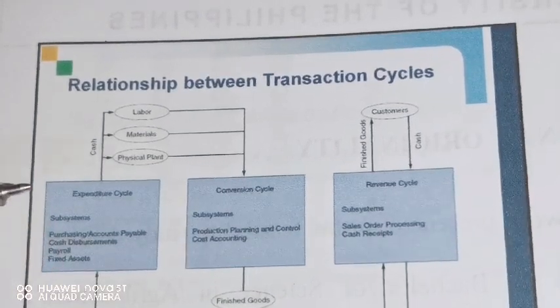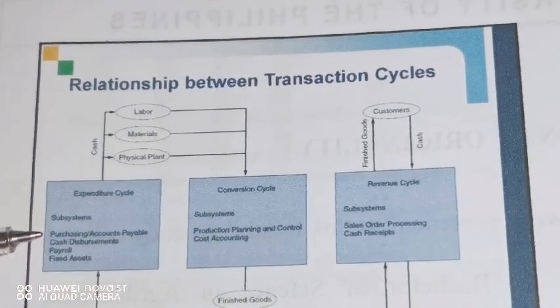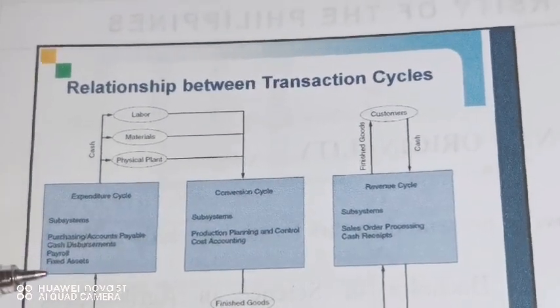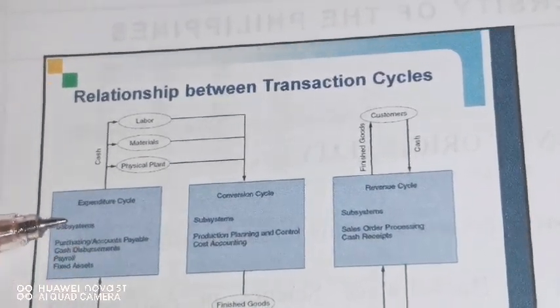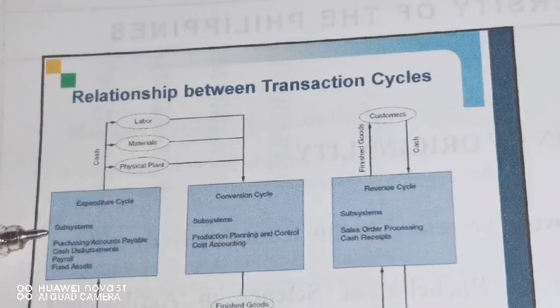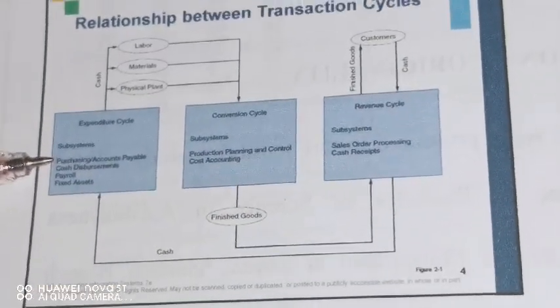Kasi nga, expenditure cycle is all about acquiring resources such as labor and then fixed asset. And then pag nag-acquire ka niyan, 'di ba, maglalabas ka ng pera, or kung hindi naman, magkakaroon ka ng accounts payable.